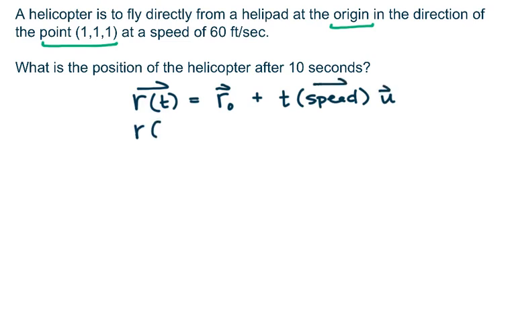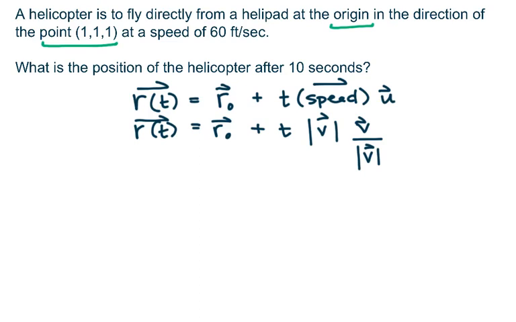Or r of t equals r naught plus t, the speed, times v over the magnitude of v, which gives us the unit vector for that direction.